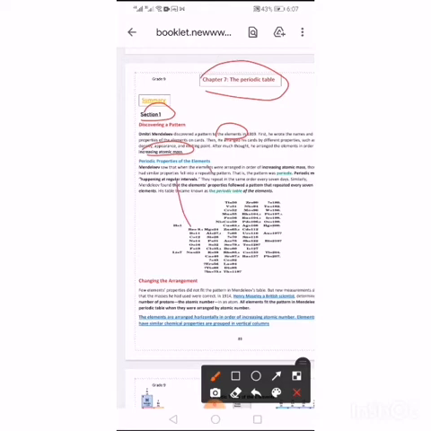So, Mendeleev got cards like this and put the name of an element on each, for example, hydrogen, carbon, sodium, oxygen, and so on. He wanted to rearrange these elements according to their properties, but he arranged these elements in order of increasing atomic mass.